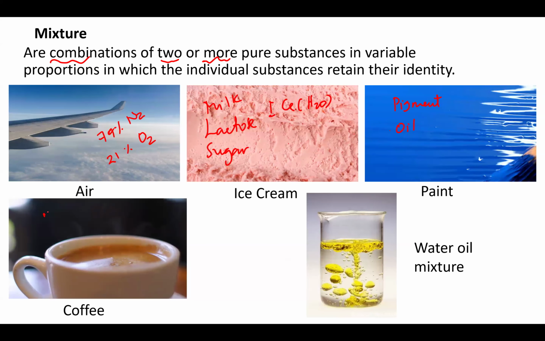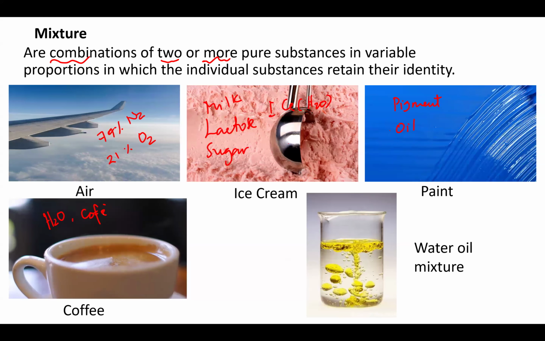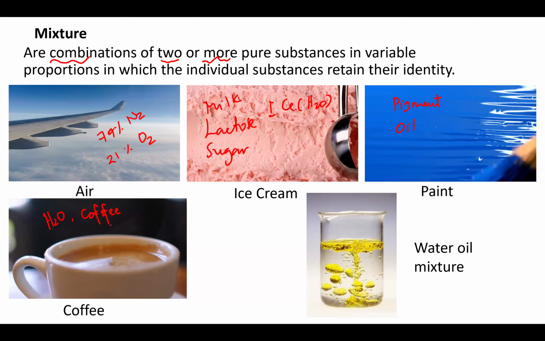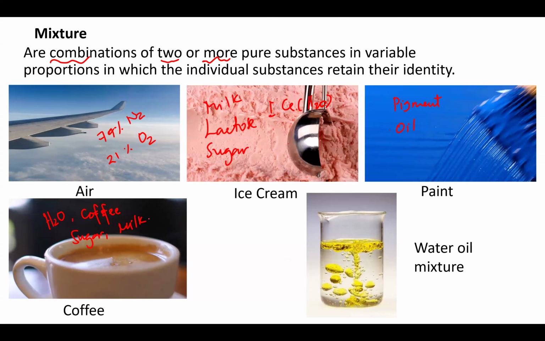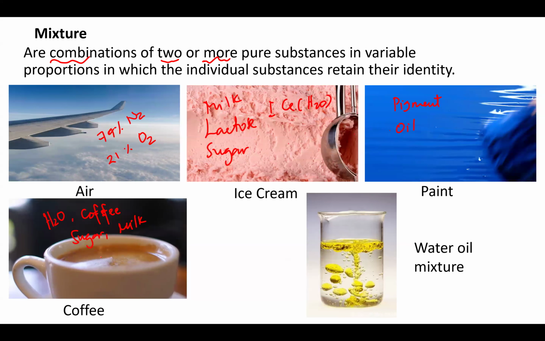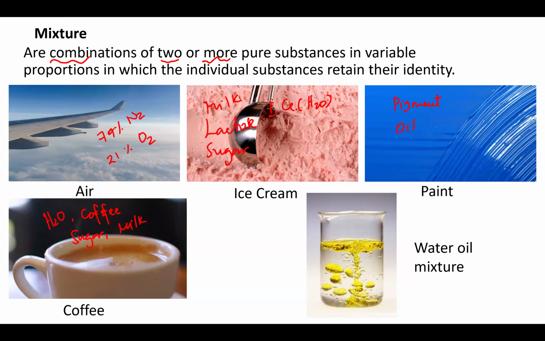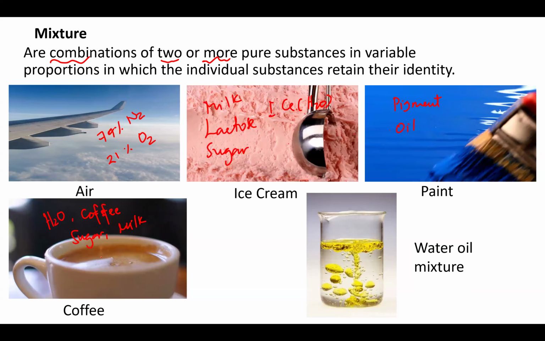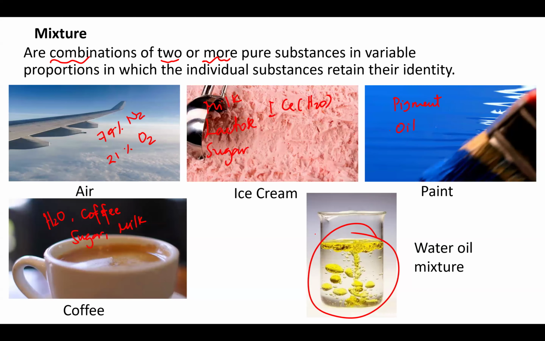Because you have water, coffee beans, and probably sugar. Probably some milk also, or whatever else that people usually put in their coffee. Okay, so now you understand. So, for example, you mix water and oil. This is how you see it.